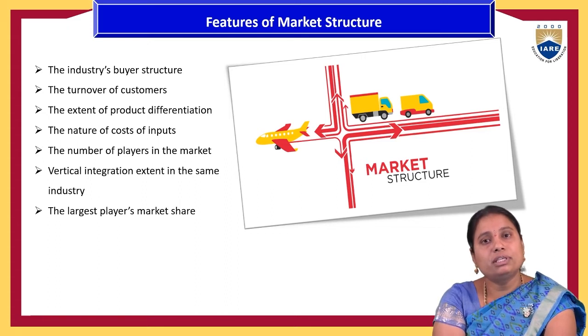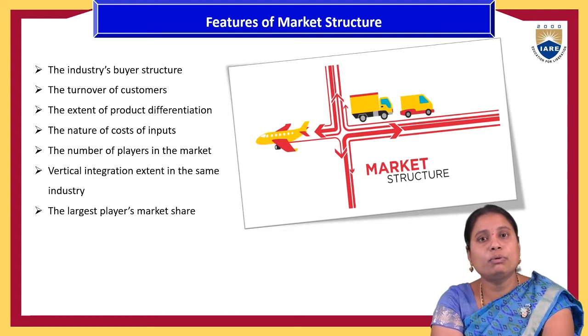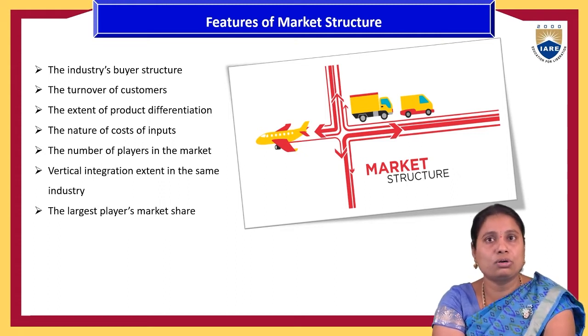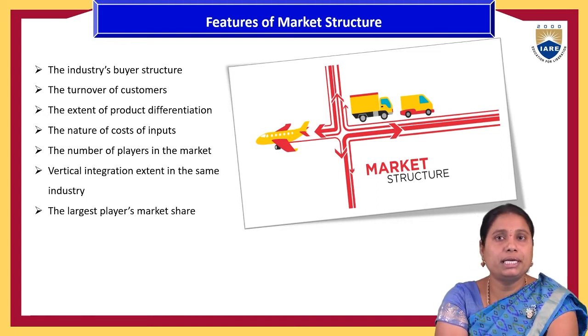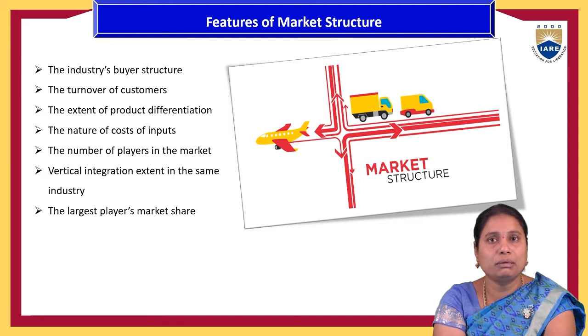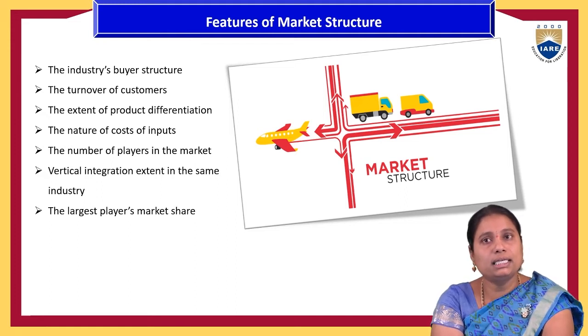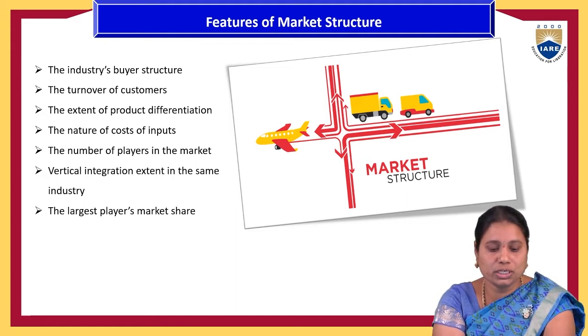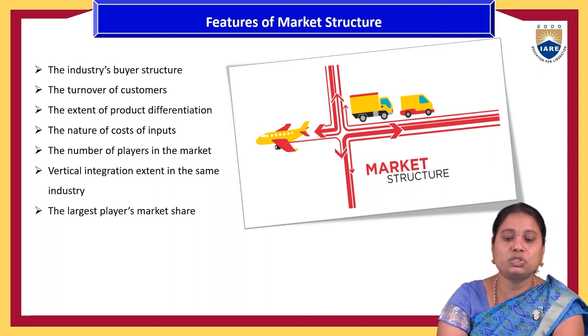If the manufacturer sells the same product, how many buyers are there, is there any requirement of product differentiation or not, or the nature of cost of the inputs he can identify, and the number of players in the market, and the extent of vertical integration in the same industry, and larger players' market share.